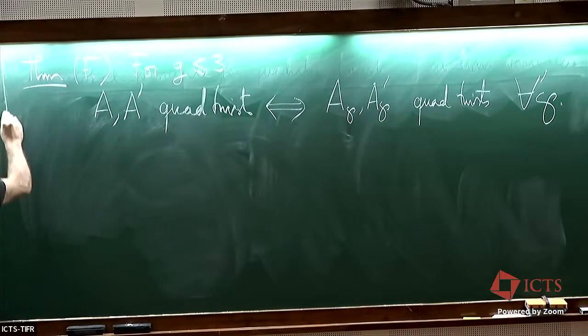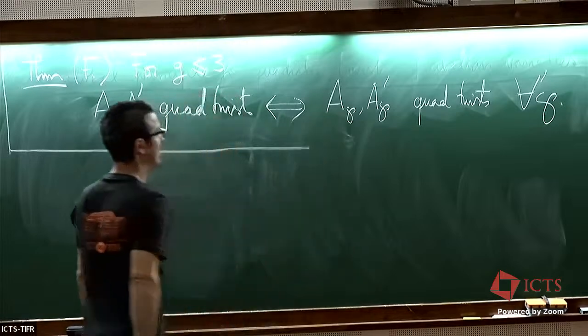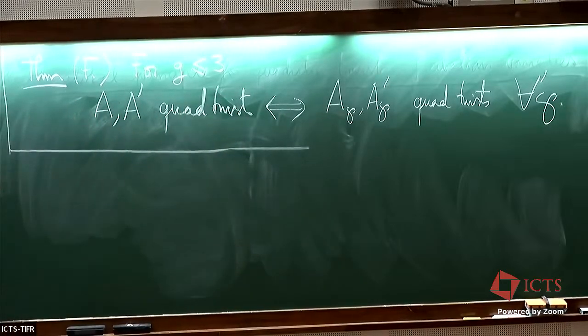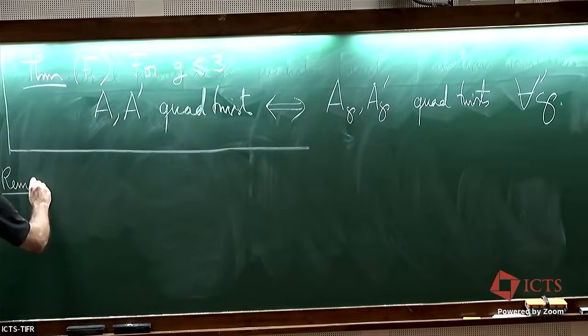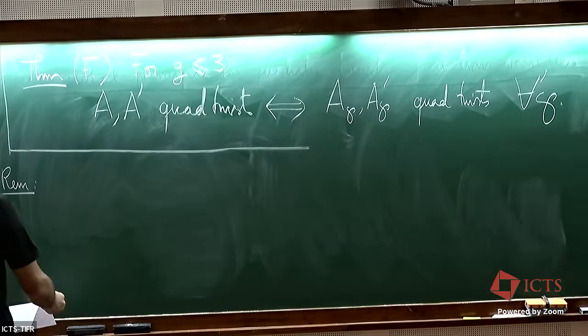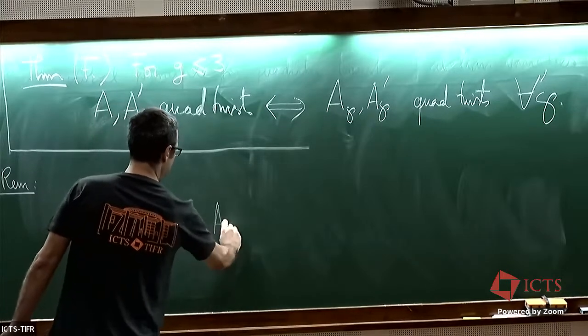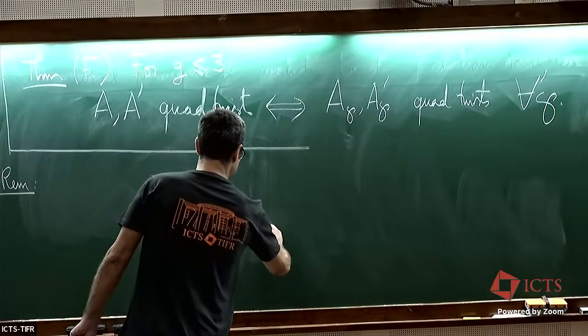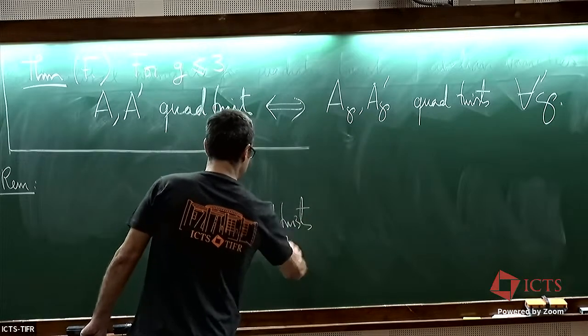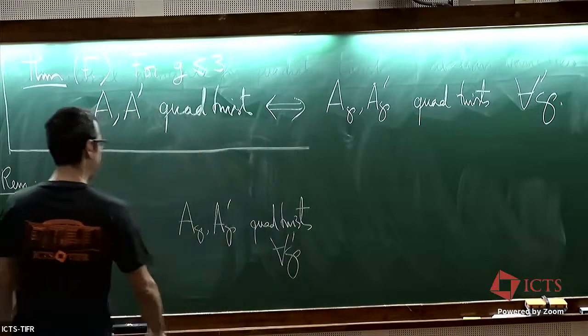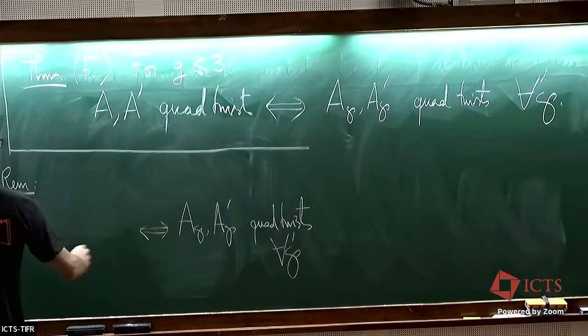Okay. So let me make one remark here. I'll introduce another piece of terminology, which I'll use all the time from now on. So if this condition on the right holds, I will simply say that A and A prime are locally quadratic twists.